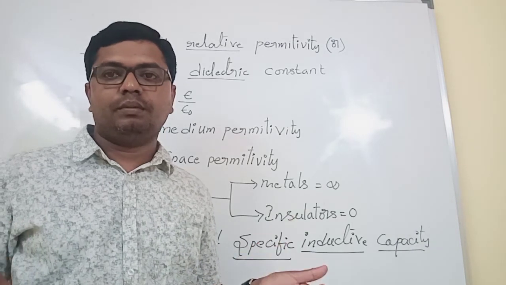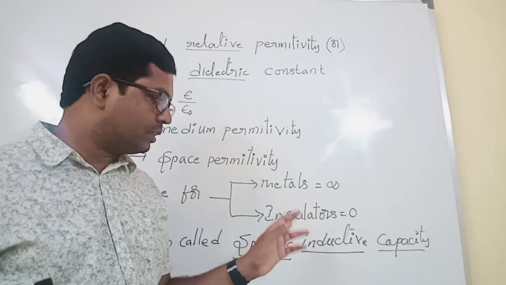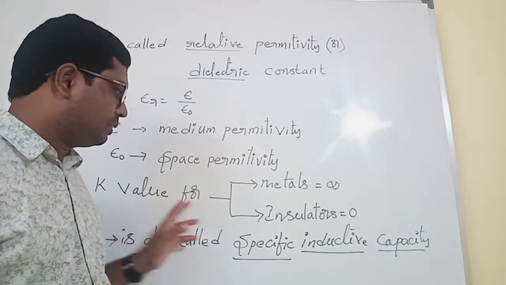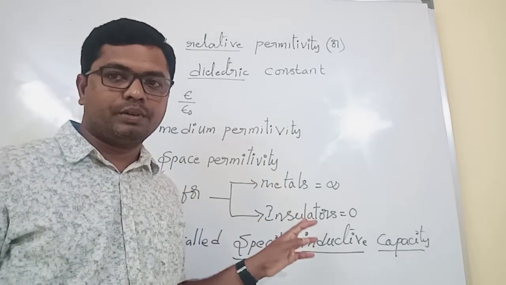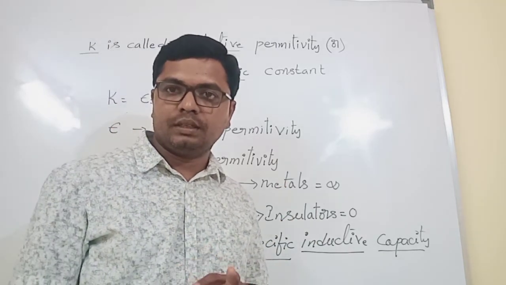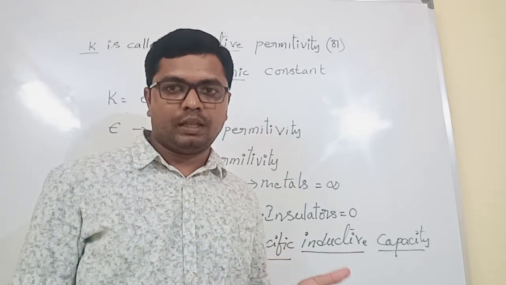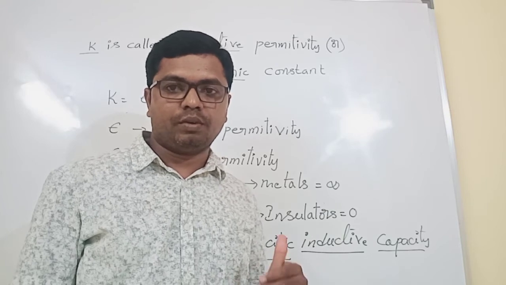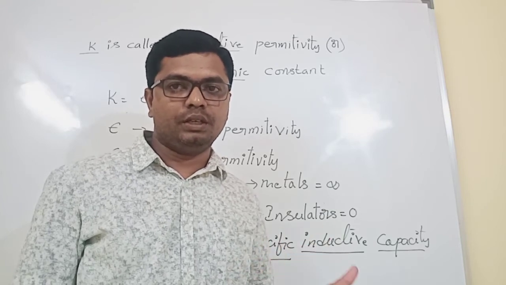That is the physical meaning of dielectric constant K equal to 0 for the insulators. There is no passage of electric effect from one point to another point of the insulator.